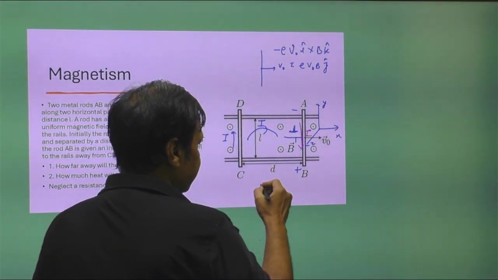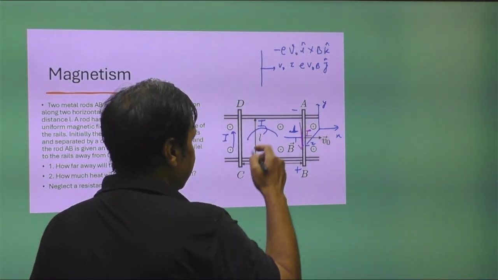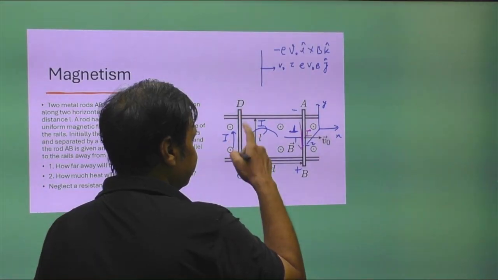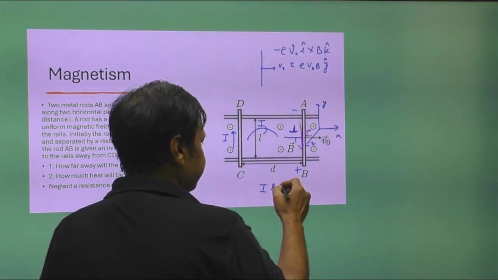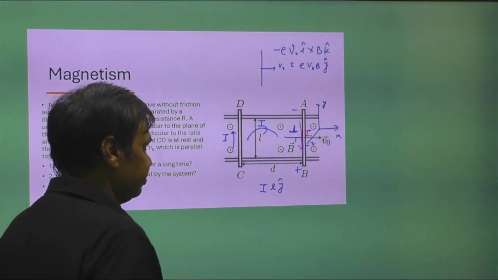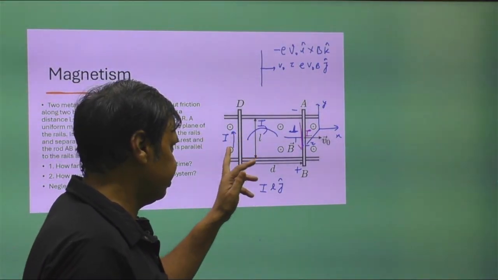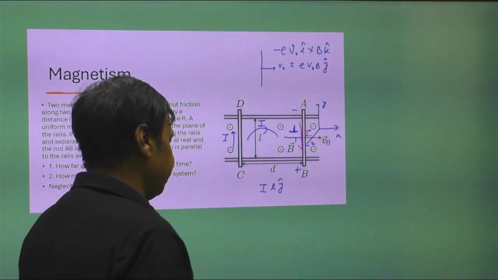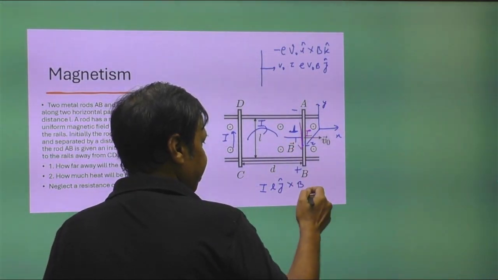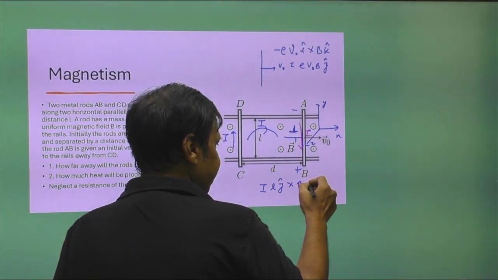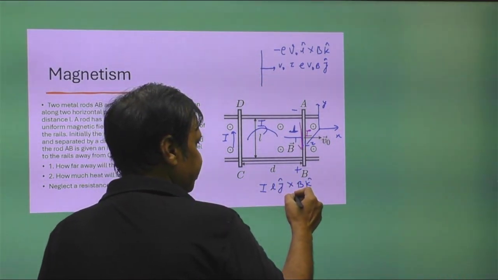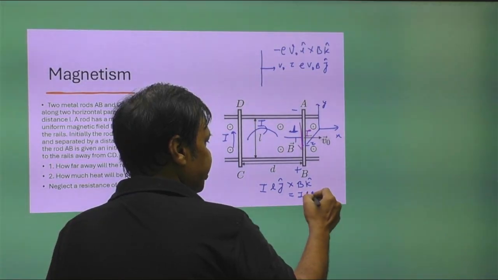L is its length, and we need to treat this like a vector, so I am going to give it a unit vector J, because the direction of this length vector will be in the direction of the current passing through it. So IL cross B, and B is this magnetic field, and this is K. So this is J cross K, that means this will become ILB.